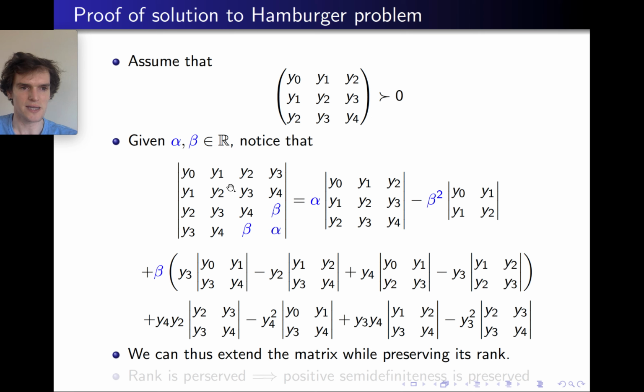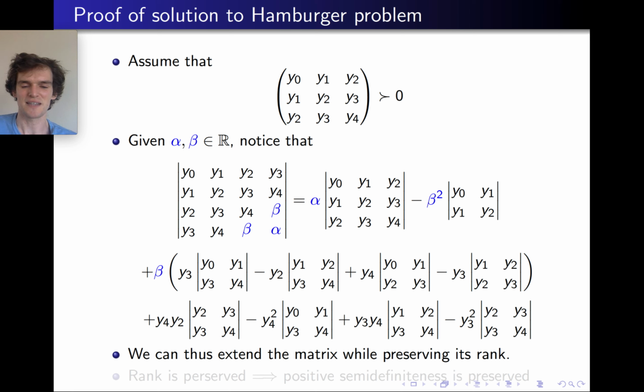And this matrix here has a determinant equal to 0, and so that means that it has to be of rank less than or equal to 3. But it contains a matrix of rank 3. So in fact, it has to be exactly of rank 3. So we've found an extension that preserves the rank.